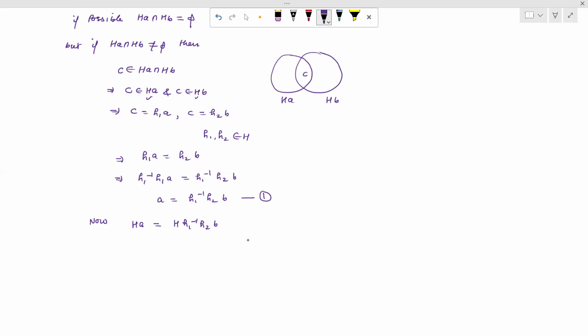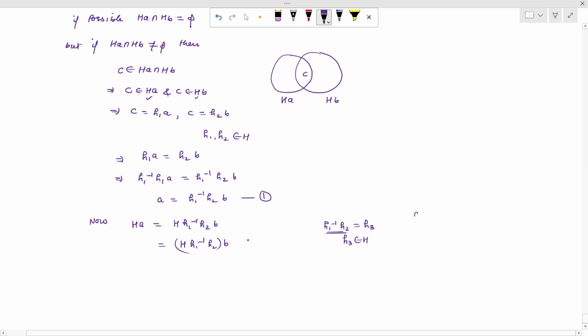HA is equal to H into H1 inverse into H2 into B. So this can be written as H into H1 inverse into H2, into B. You can see that this H1 inverse into H2 we take as another variable H3. So this H3 belongs to H because these two belong to H.